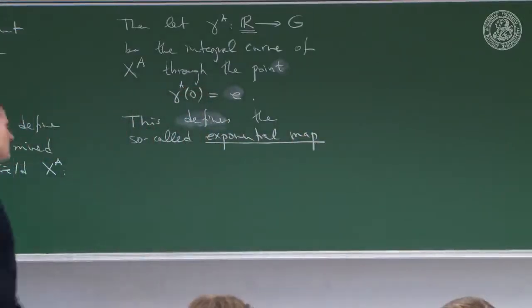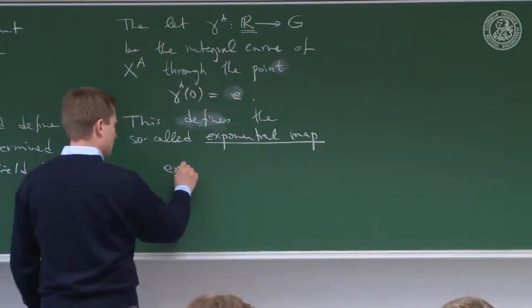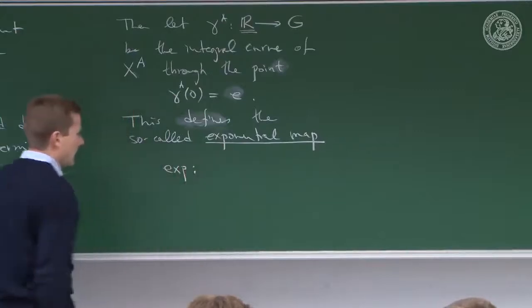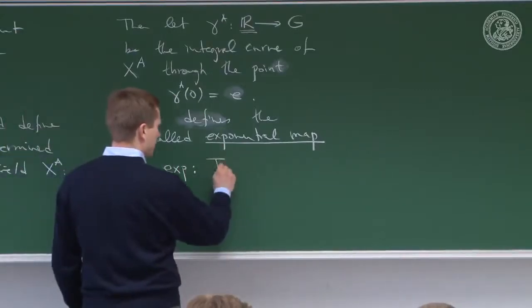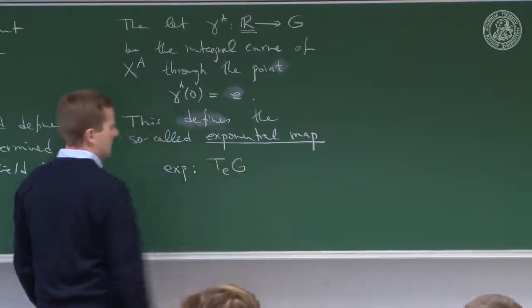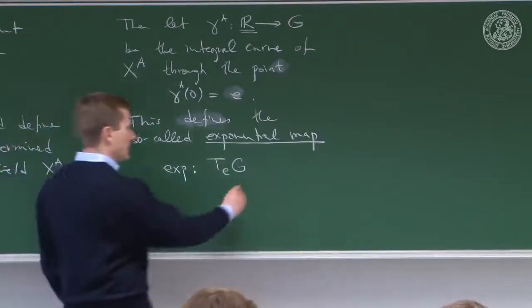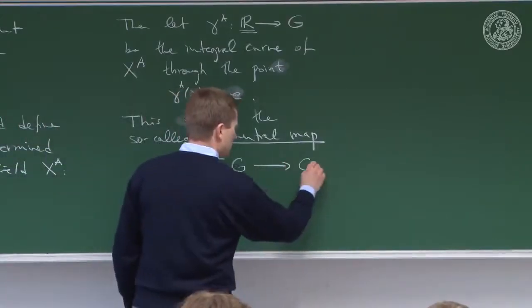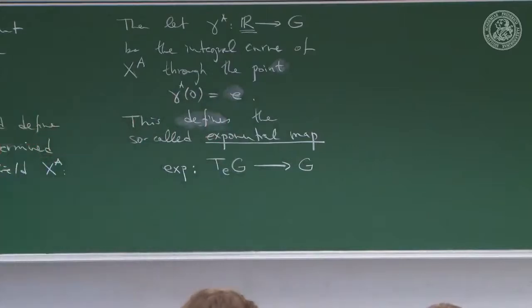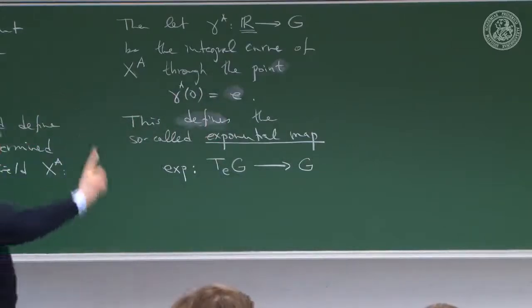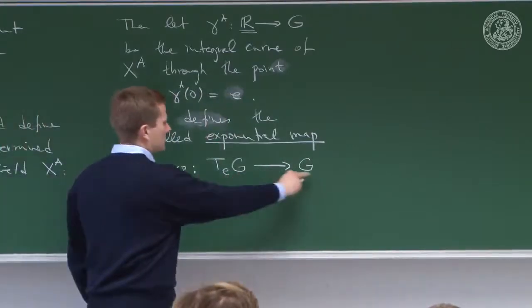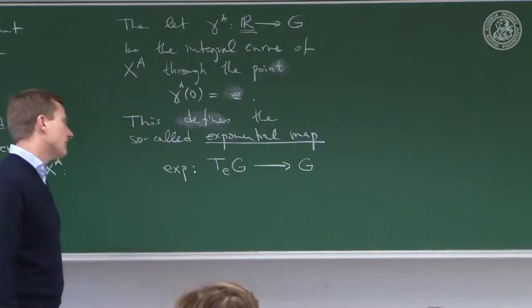And what does the exponential map do? Well, it has a pretty name. It's called exp. And it takes any element from the tangent space to the identity and maps it into the Lie algebra. So this is the path we wanted, to go from the Lie algebra up to the Lie group.